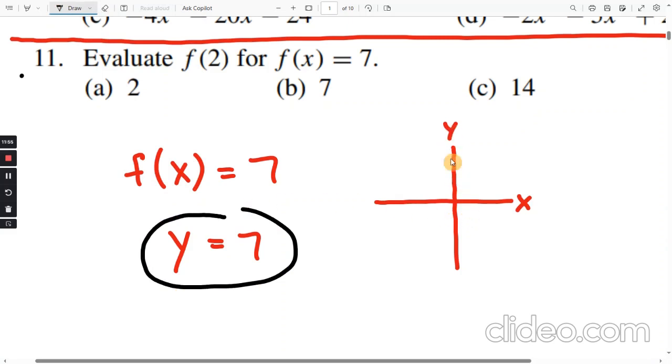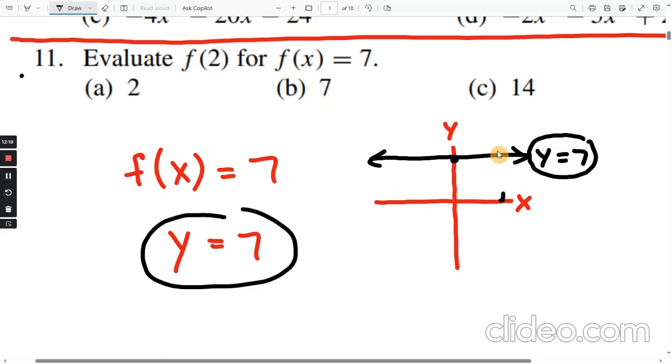So this is the y-axis. Let's say you counted 7 units up right there, and the line would be like that. Y equals 7. No matter what the x-coordinate is on this line, y is always equal to 7. If you plug in x equals 5, you get 7. You plug in negative 5, you get 7.